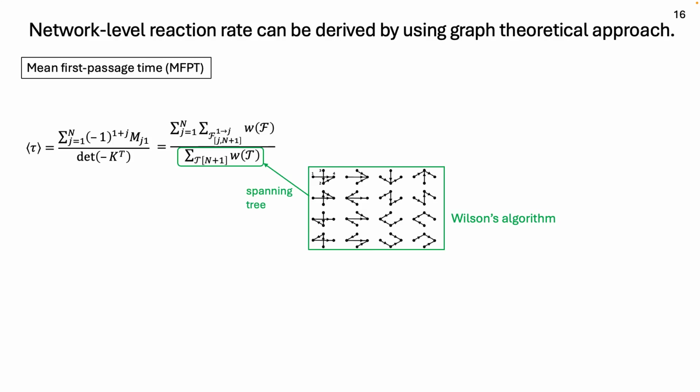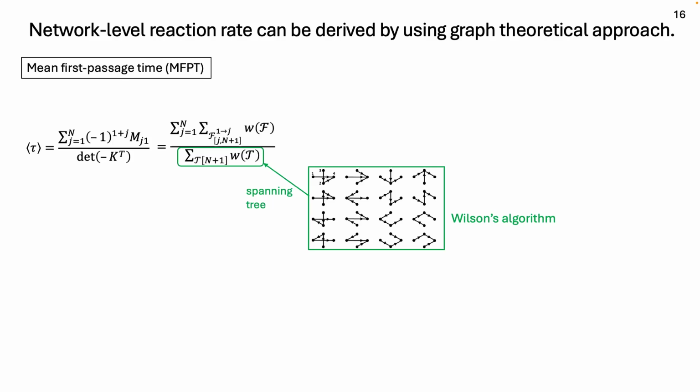The denominator is the summation of coefficients of the spanning trees. So you can obtain this determinant using spanning trees.